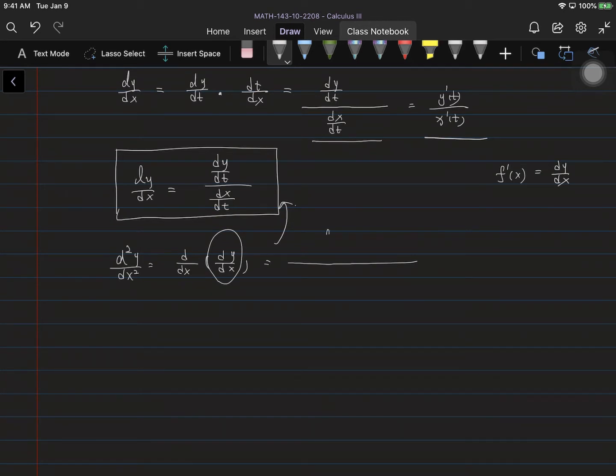It's going to be d/dt of dy/dx, over another dx/dt. Written in a better way, it's the derivative with respect to t of dy/dx, over dx/dt. That's the second derivative.